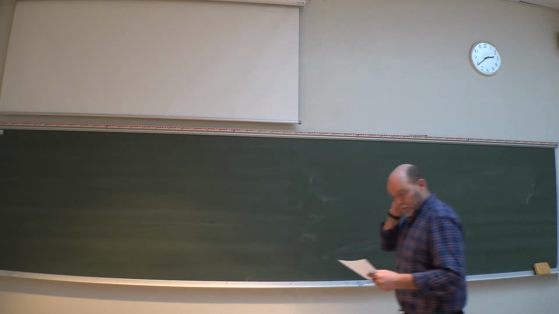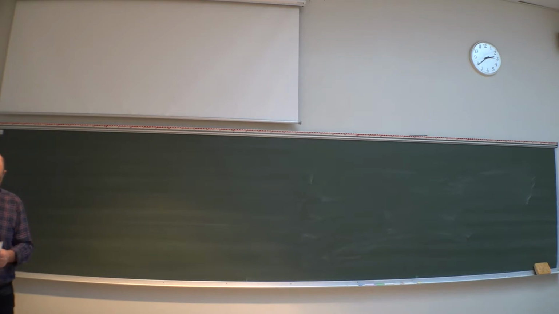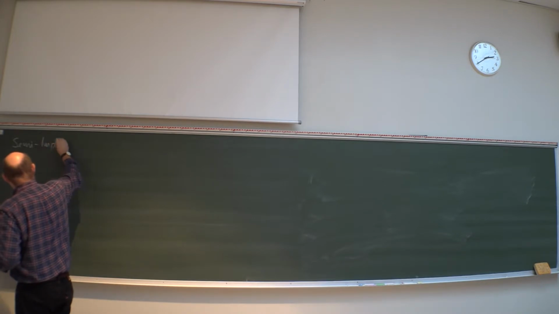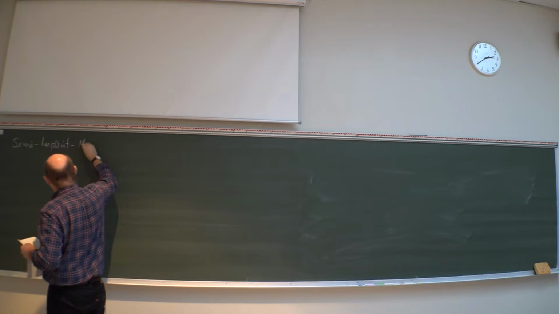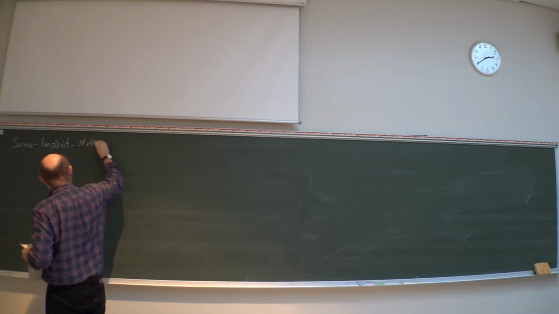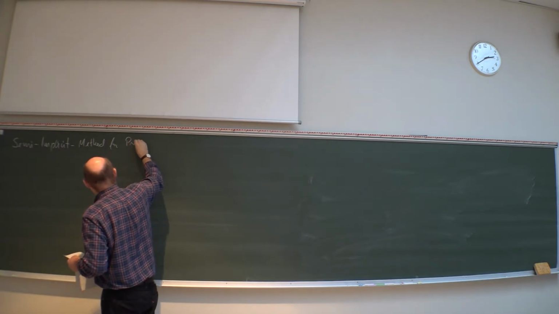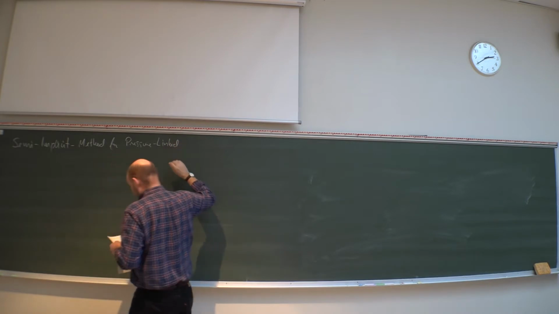So now I'm going to go through how to solve this coupled algebraic equation system, and it's called the semi-implicit method for pressure linked equations.